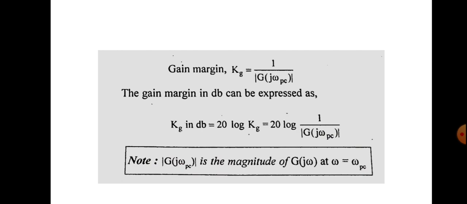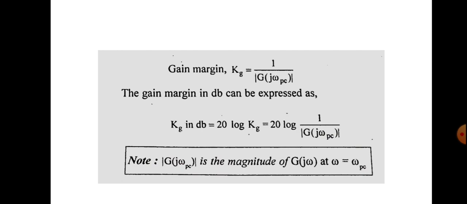The phase crossover frequency is the frequency at which the phase of the open loop transfer function is 180 degrees.